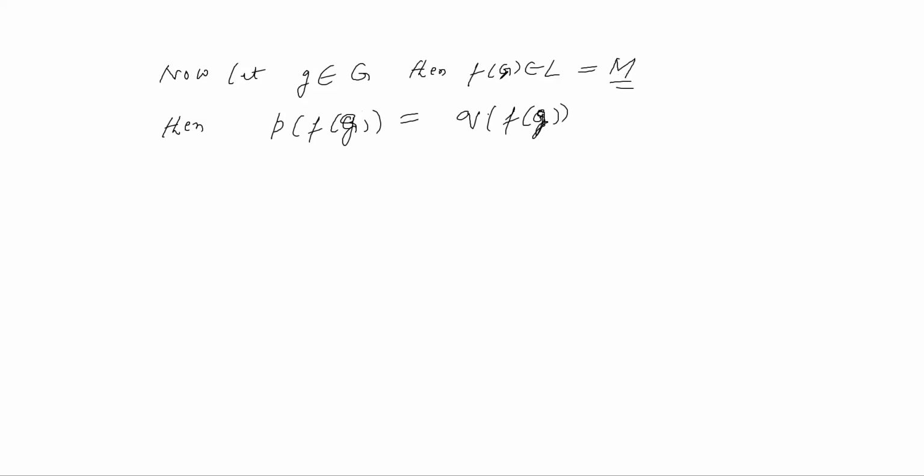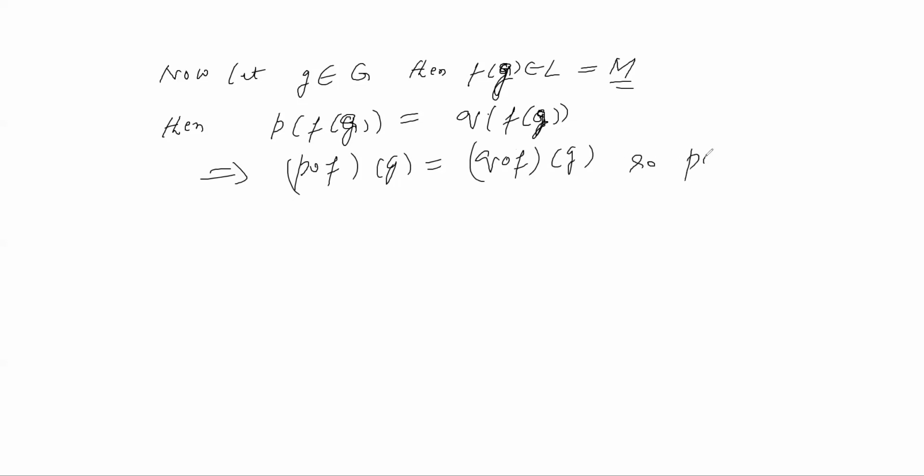This f of g is in M. Here it is small g. So this means what? This means actually P composition f of g is the same as Q composition f of g.